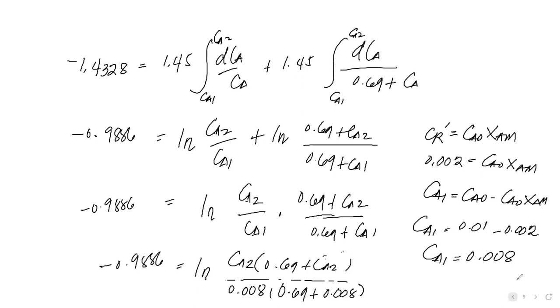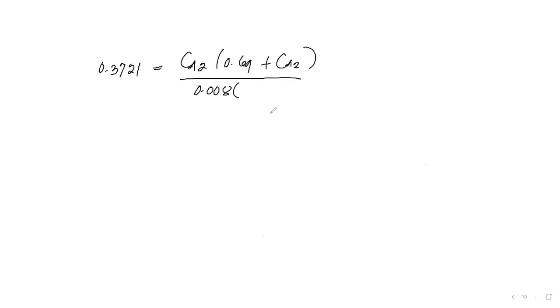Point 0.69 plus 0.008. So we will just process it as 0.008 times 0.69. Oh, 0.008 plus 0.69. So 0.698.